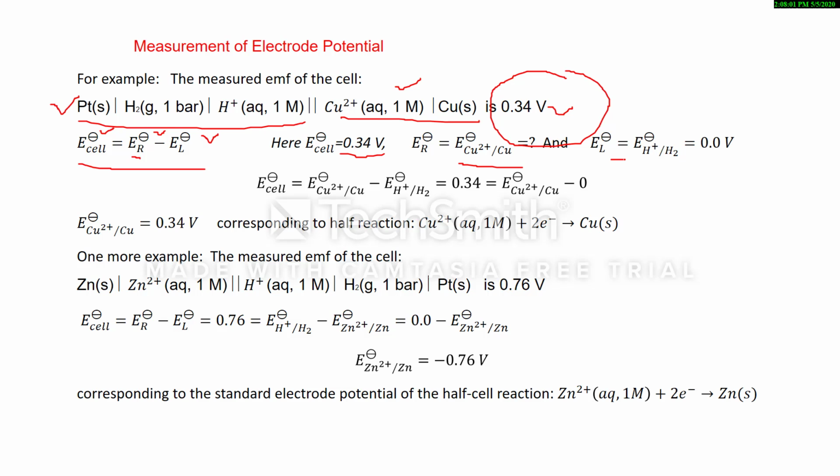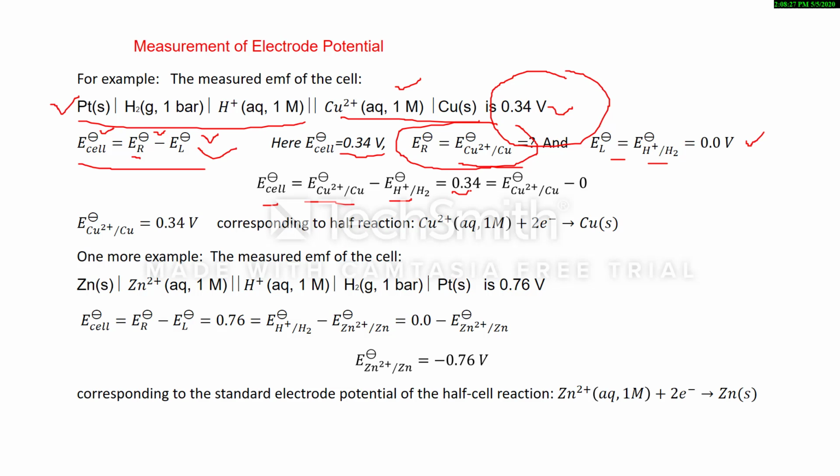The left hand side electrode is a hydrogen electrode, and its electrode potential is 0. Then we have to find out the electrode potential of this copper. Apply this relationship: E standard cell is equal to E standard of the copper electrode, because this is the right hand side electrode, minus the electrode potential of the hydrogen electrode.